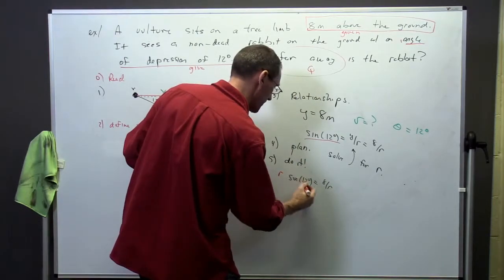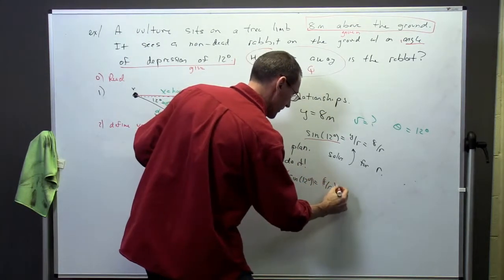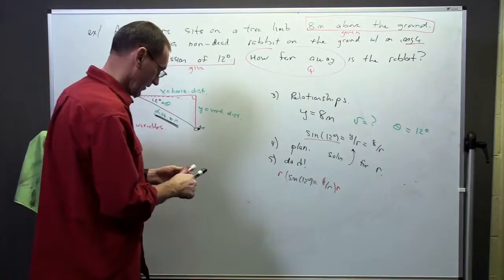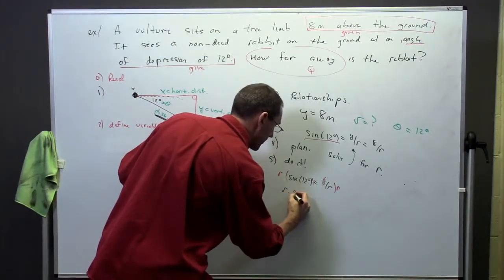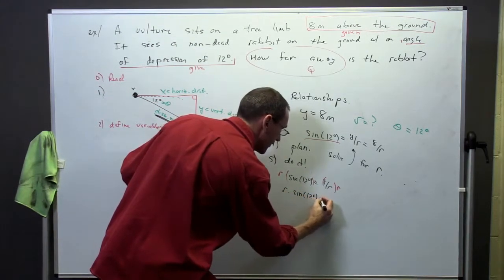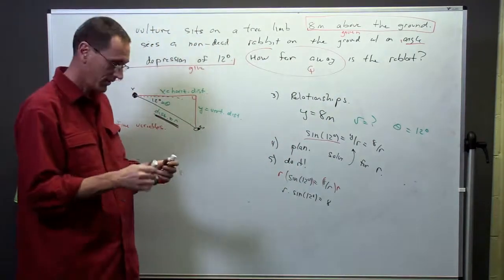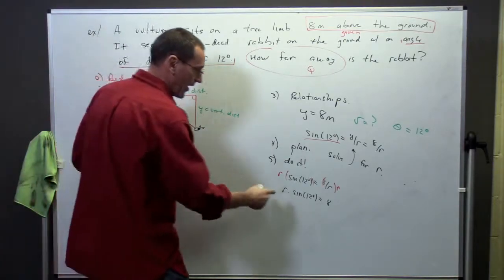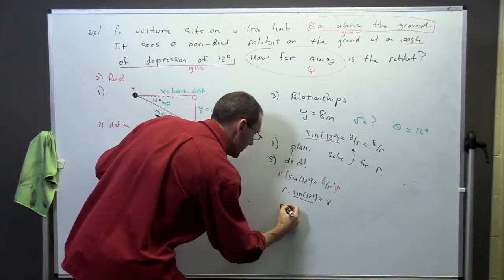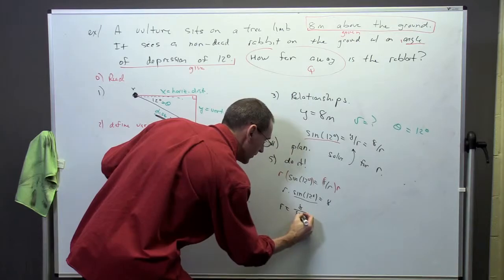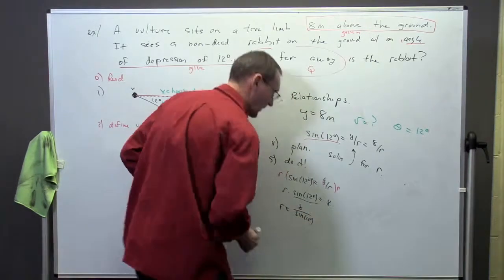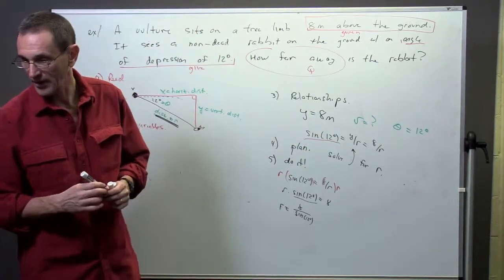So I'm going to multiply both sides by r. If I do that, I'm going to get r times sine of 12 degrees. Now 8 divided by r times r, the r's are going to cancel, I get 8. Now I'm going to divide both sides by that. And I get that number, okay?